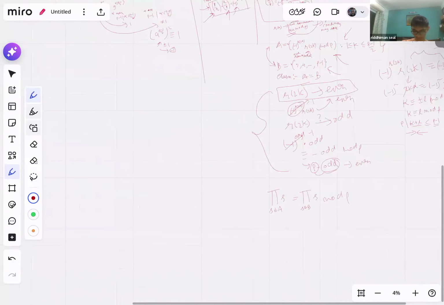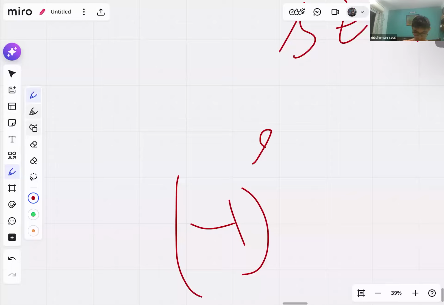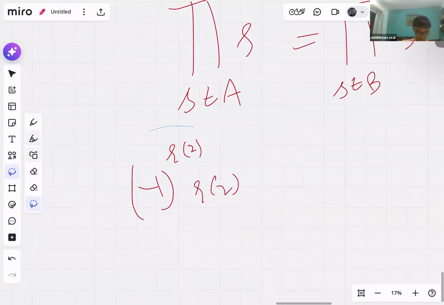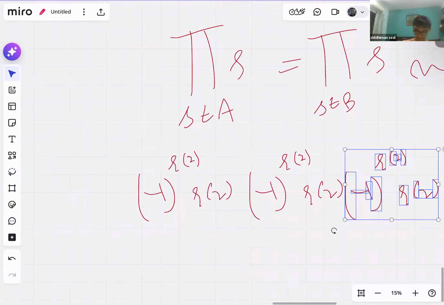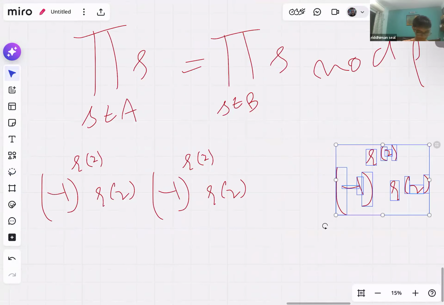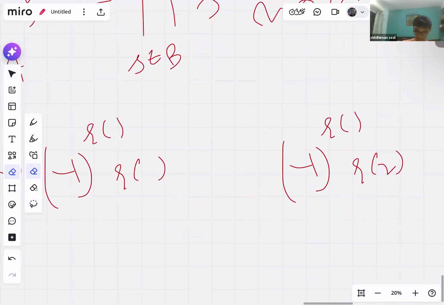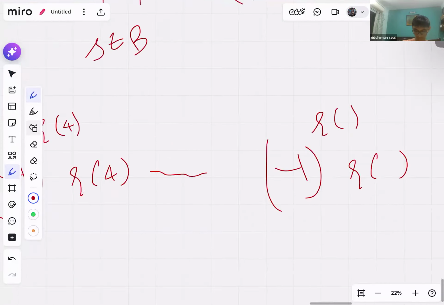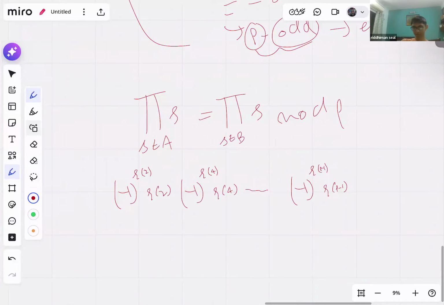And if you write out the products in set A, you will get (-1) to the power R of 2 plus R of 4 and so on, times 2 times 4, and then dot dot dot, p minus 1. This is the product on the LHS.